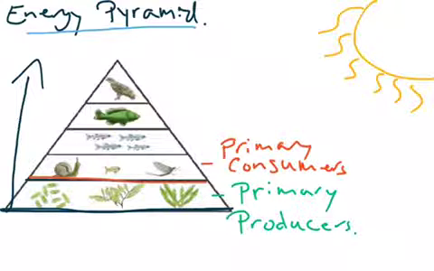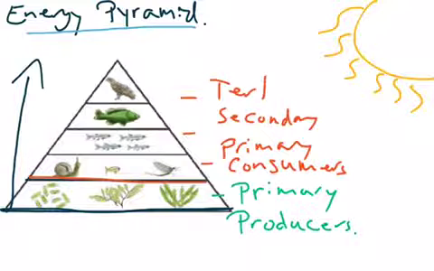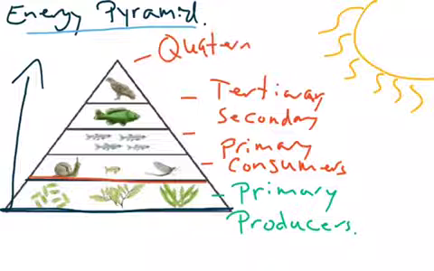This would be tertiary. And this last one right here, this would be quaternary. And all that means is primary, first level consumer, secondary, second level consumer, tertiary would be third level, and quaternary would be fourth level consumer.